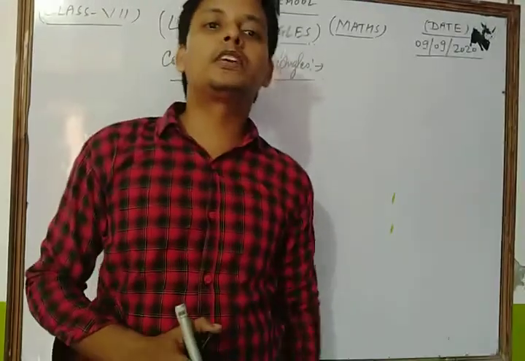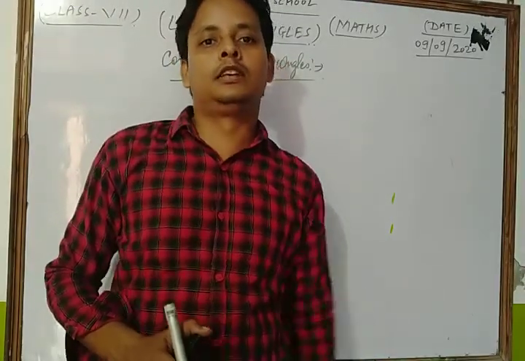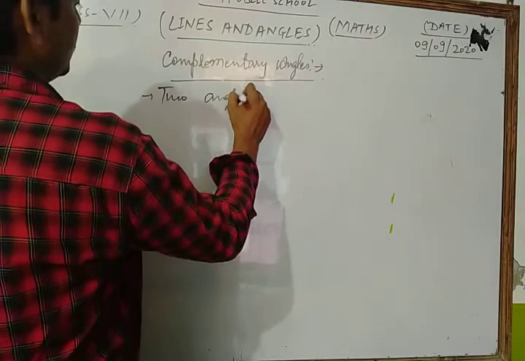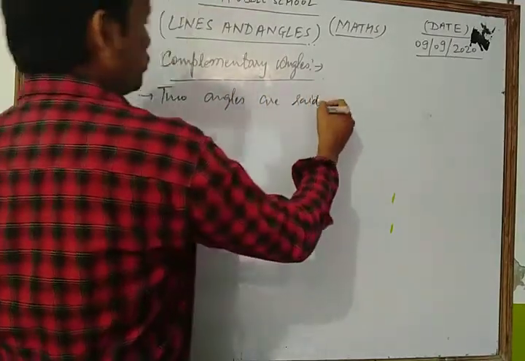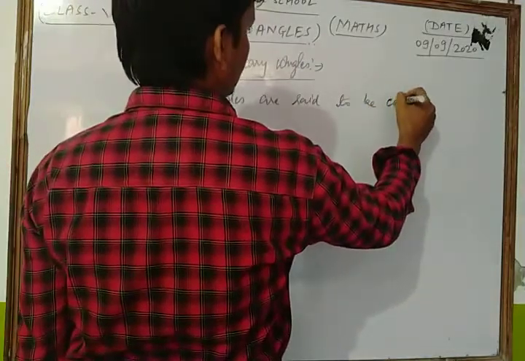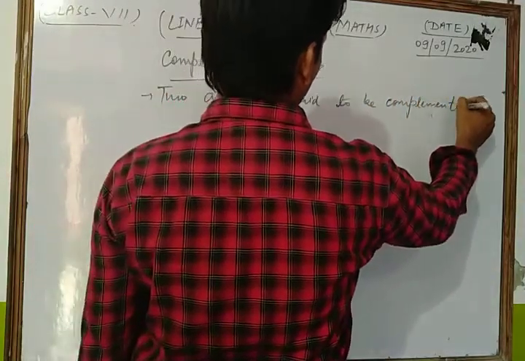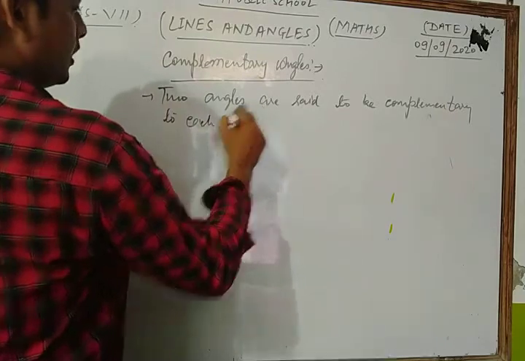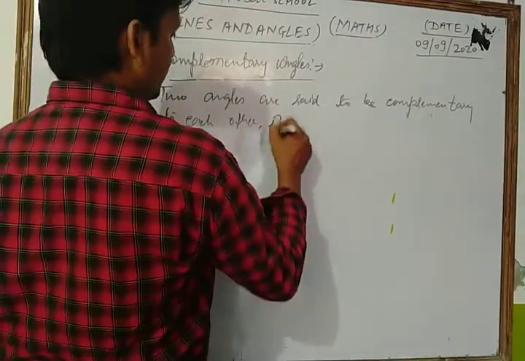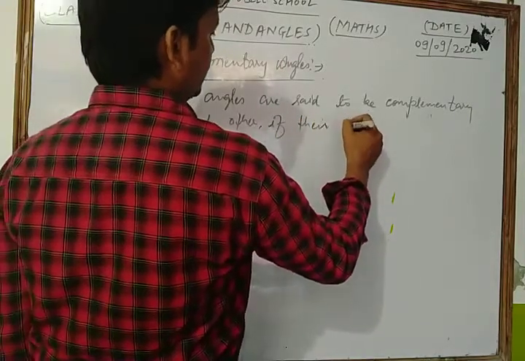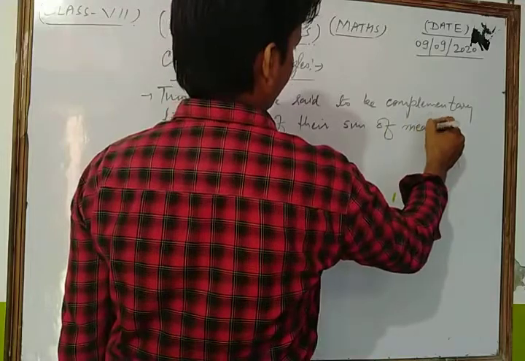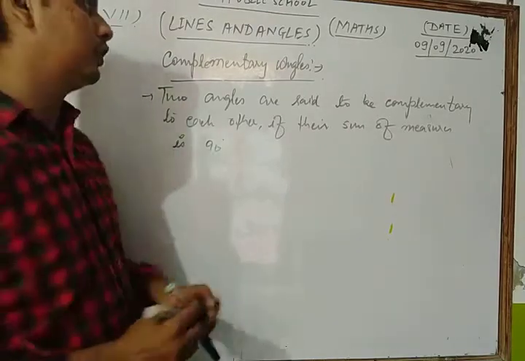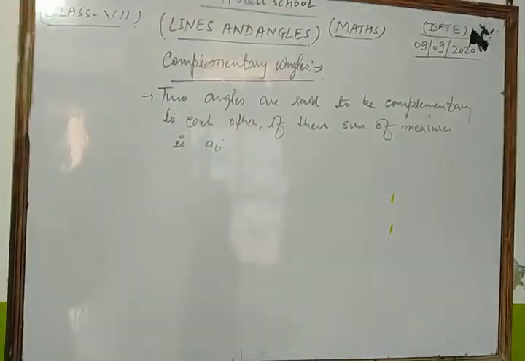Two angles are said to be complementary to each other if the sum of their measures is 90 degrees. Yes. Dear students, this is the concept of complementary angles.